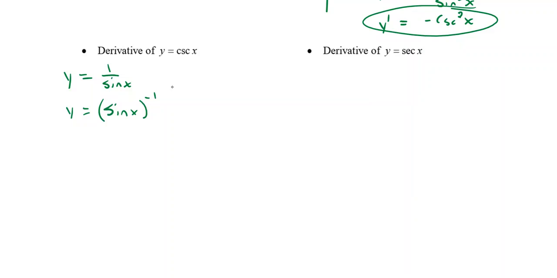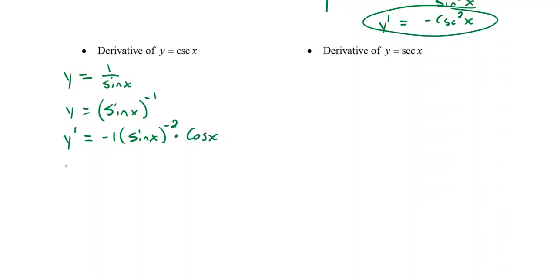Now if we take the derivative, y prime is equal to, now chain rule, right? I'm going to bring down the negative 1, keep the inside the same, and apply my derivative to the exponent, so minus 1, that's negative 2 now. And don't forget, we also have to take the derivative of the inside, so that would be times cos x. And that's pretty much it.